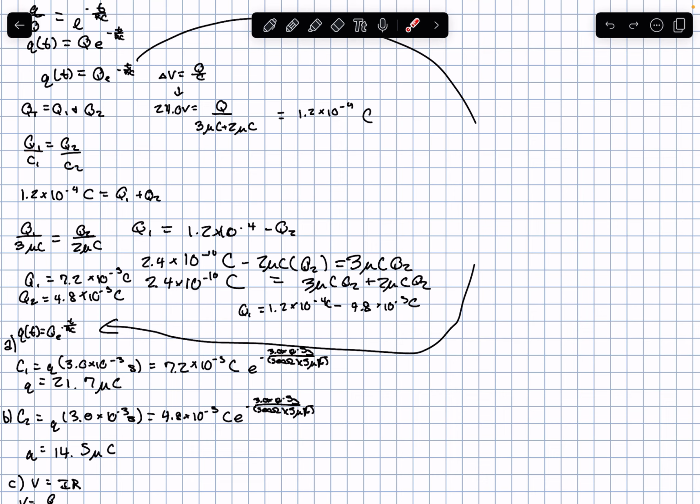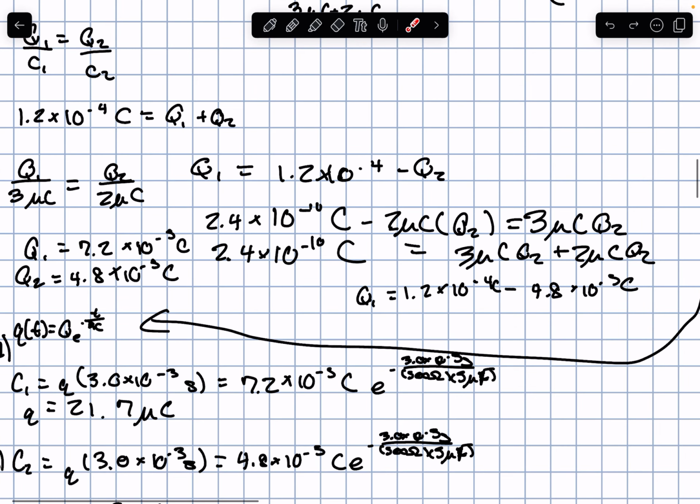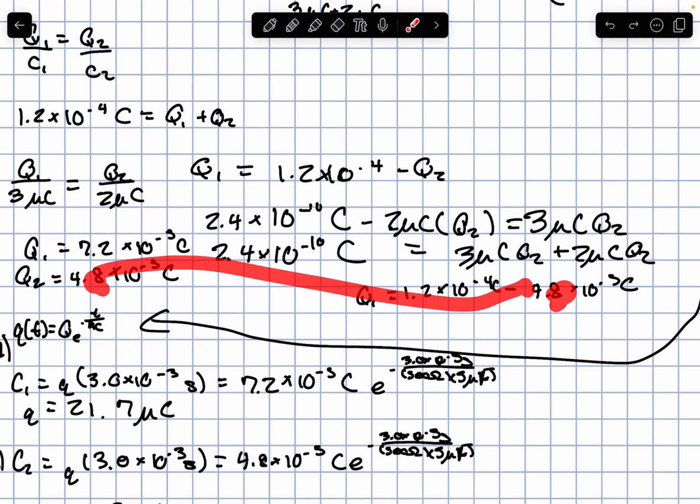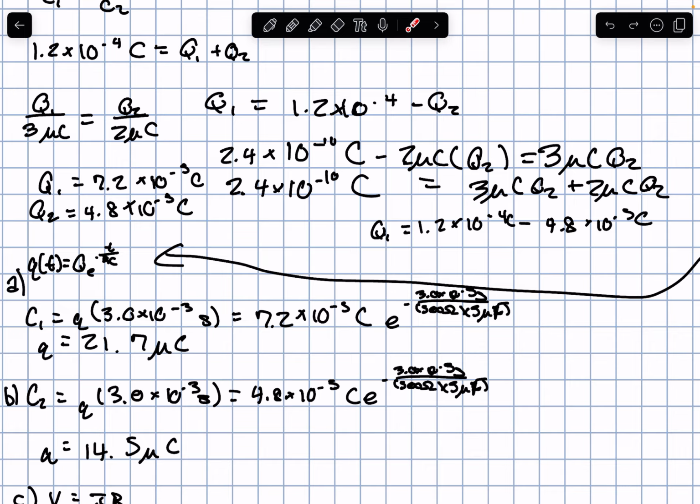But then I'm like, oh wait, I need to figure out the total charge, and then the total charge is going to help me get the first charge and the second charge. But I need to set that up, and then I need to go here, and then back to here, and it's this whole thing. And then we go back down here, and then we figured this out, and then plug it back in, and then we go back here, and plug that back in, and then we finally get our total answers, and we haven't even started the problem yet.